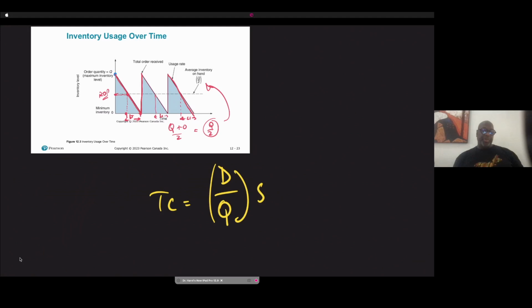And so my cost associated with ordering inventory is S, which is the setup cost or the ordering cost, times the number of orders.